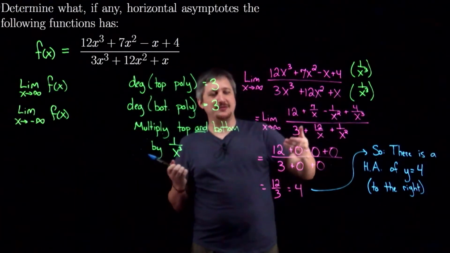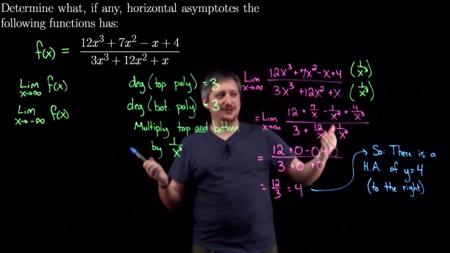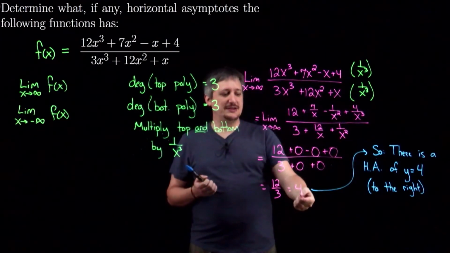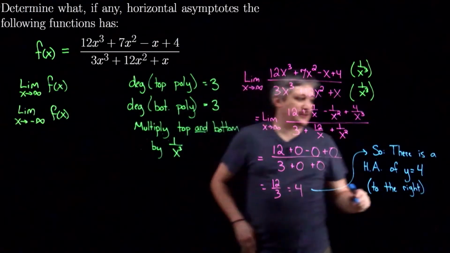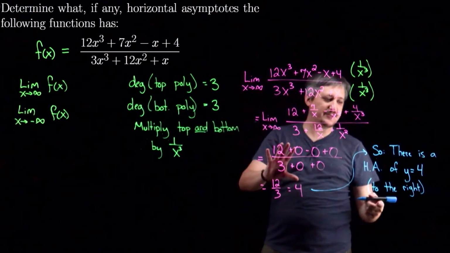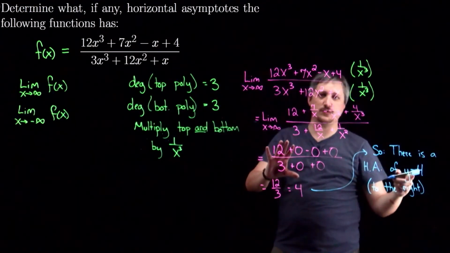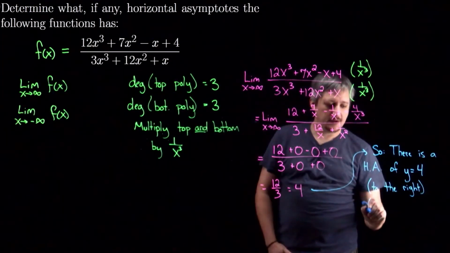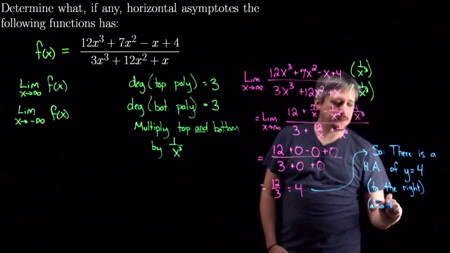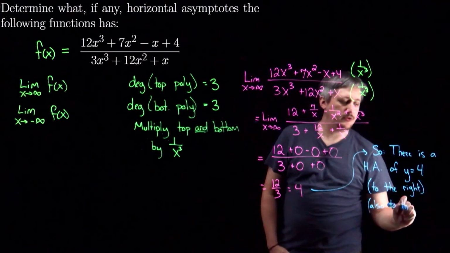I'd be dividing by something negative and infinitely large, which would still get me 0, meaning I'd still end up with 12 over 3, which means I'd still get 4. So this shows that there is a horizontal asymptote of y equals 4 to the right, but the same work also shows it to the left.